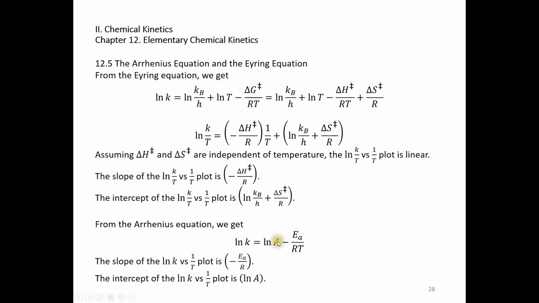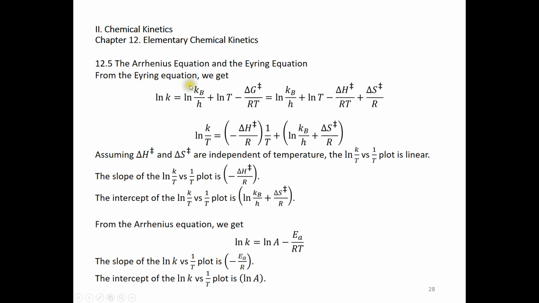And we usually assume this A is independent of temperature, and then the slope of ln k versus 1/T is negative activation energy over R. The intercept of ln k versus 1/T is the natural logarithm of the pre-exponential factor A. So this way we can compute the activation energy and the pre-exponential factor given the plot of ln k versus 1/T. So now let's compare these two side by side.